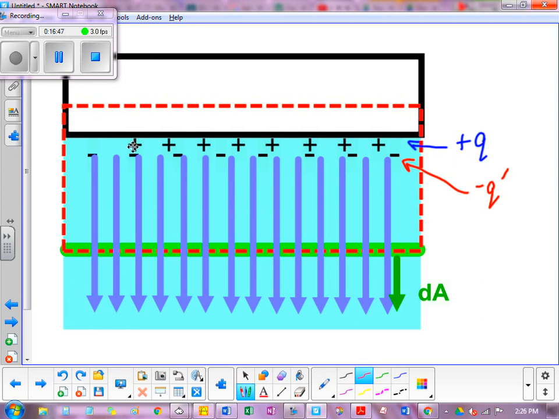The plus signs that you see here are mobile, meaning if you remove the battery, or if you change which battery you're using, whether you increase the voltage or decrease the voltage, you will either gain or lose pluses here. But the negatives are kind of there because the pluses were there.